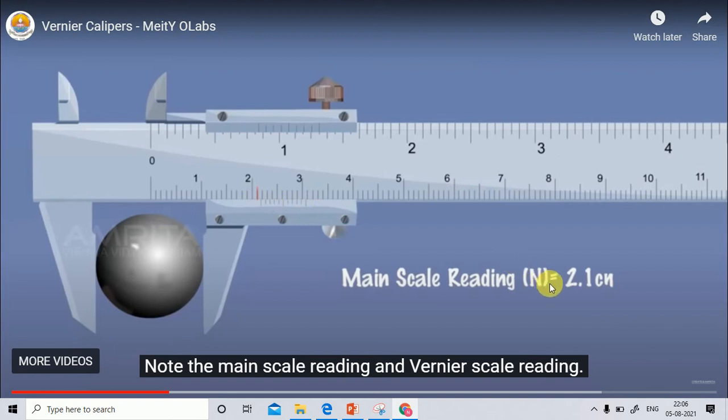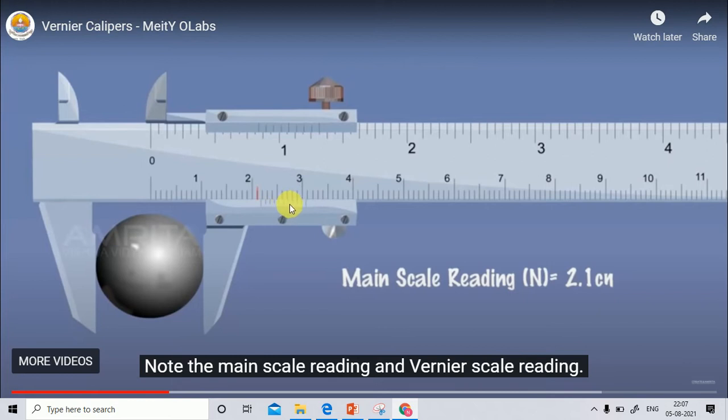After measuring the main scale reading, we have to find the Vernier coincidence. Vernier coincidence is nothing but this: out of these 11 lines, starting from 0 to 10, only one line will coincide with a main scale line. If you observe, the Vernier line and the main scale line will be touching each other.